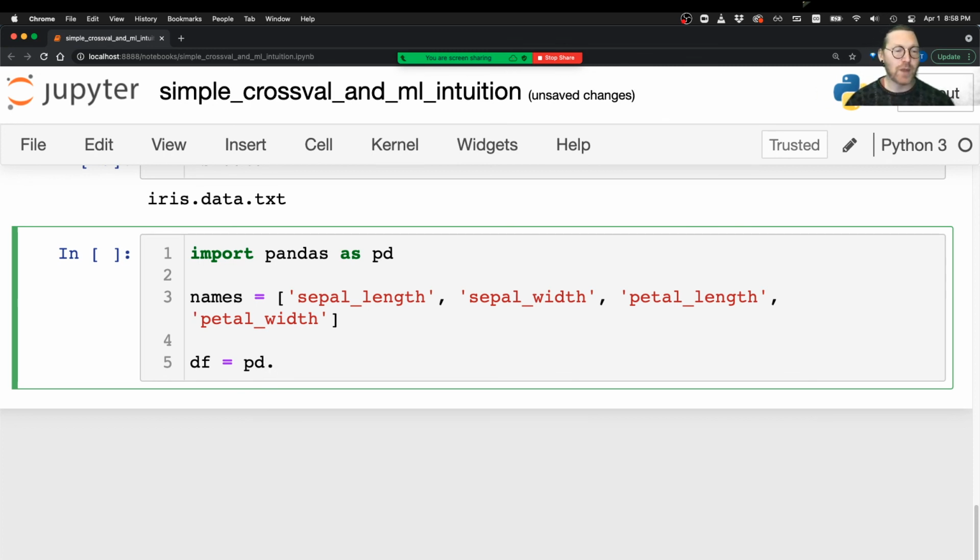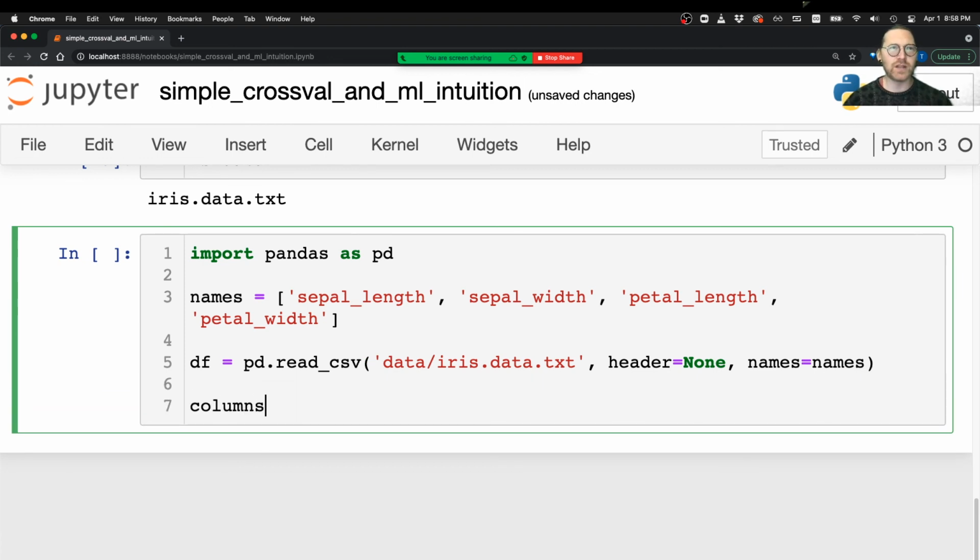That's the primary data structure for pandas. I can just read CSV. There's another one, read Excel. If you have spreadsheets and you want to open them up in a pandas data frame and play around with them, you'll start to really love pandas, because everything that you wish you could easily do with Excel, you can do that and so much more with pandas. So at this point, we have our data.